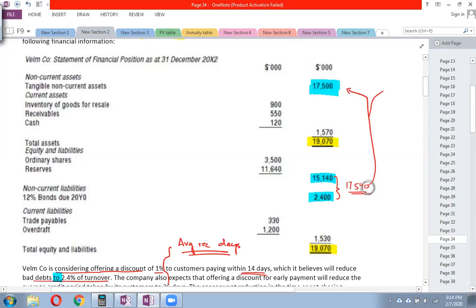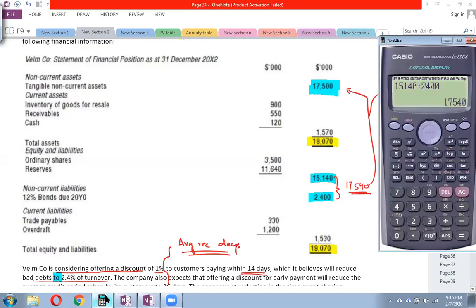So the remaining 40, don't you think it will be used for current asset? Don't jump to the conclusion. Hold on a second. So we can say that 17,500 divided by 17,540 is 99.77%, so 99.77% of the non-current asset is financed with long-term finance, right?